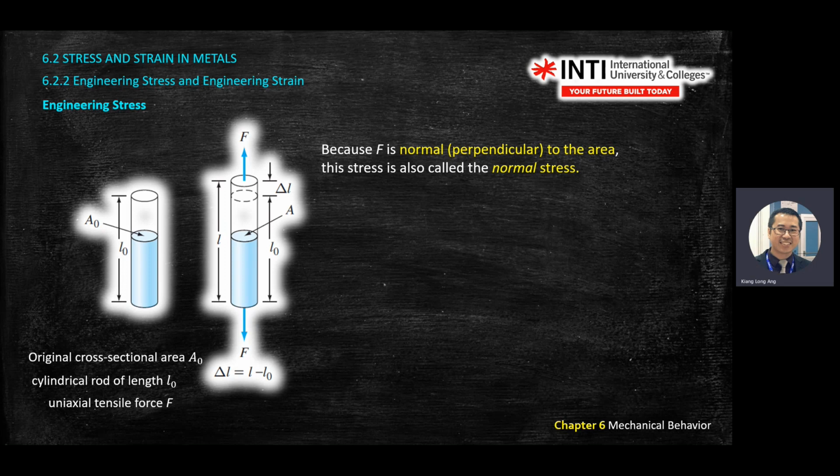Sometimes we just remove the other directions and focus on one direction. It's called uniaxial. So uniaxial you can just assume as a one direction force that goes through the center of the object.